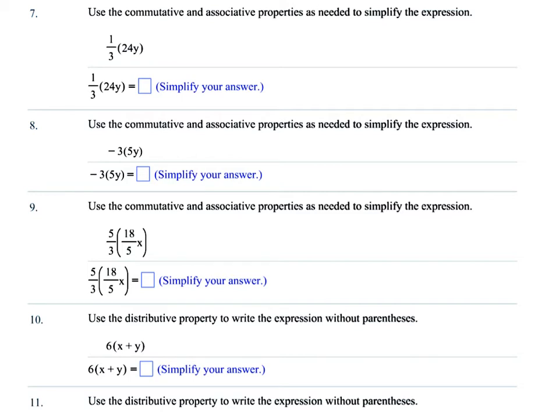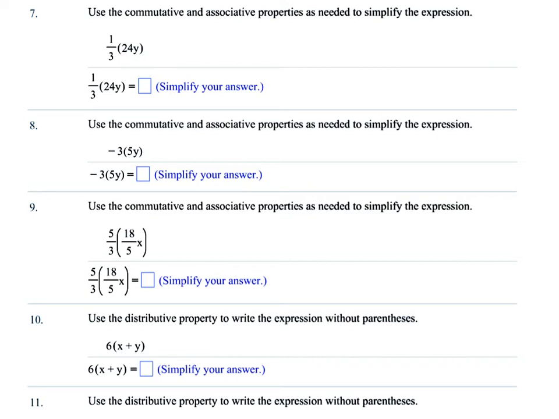Number 7 says to use both the commutative and the associative properties as needed to simplify the expression. Right now on number 7, 24 times y is in parentheses, and we cannot simplify that expression the way that's written because I cannot multiply 24 times y.